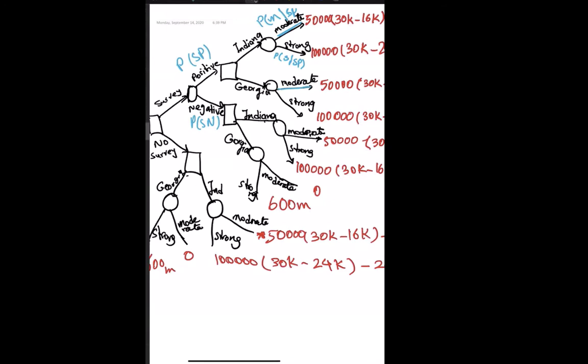For this one, probability that it's moderate, given that the survey was positive, and probability that the sale is strong, given that the survey is positive. How about this branch? Probability that it's moderate given the negative survey. And how about this one? Probability it's strong given the negative survey.